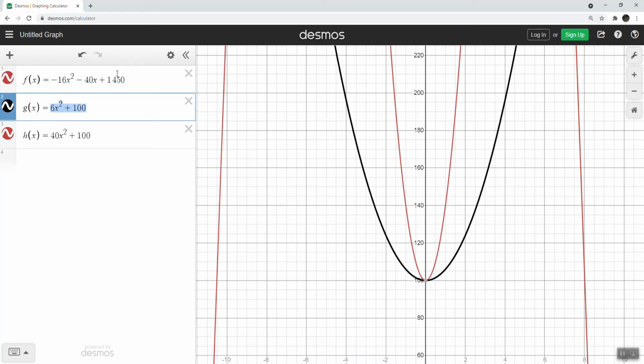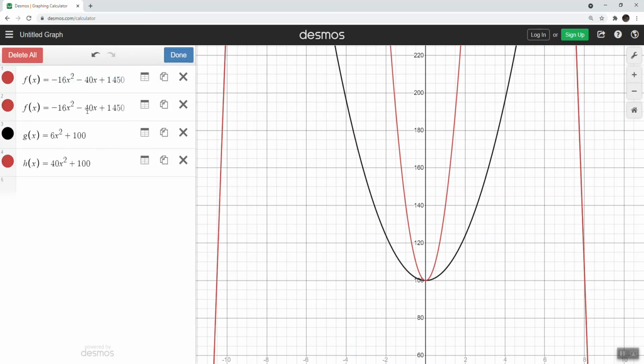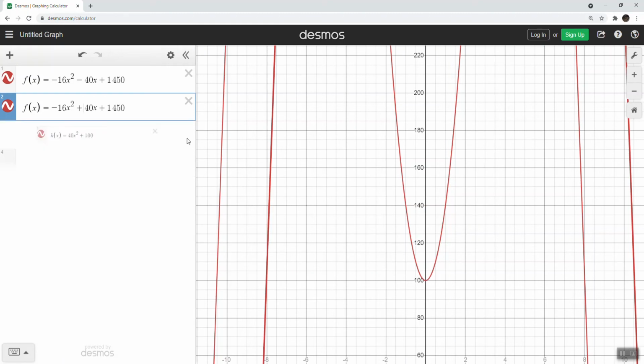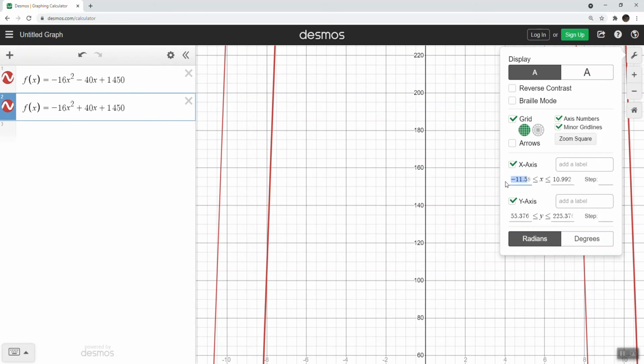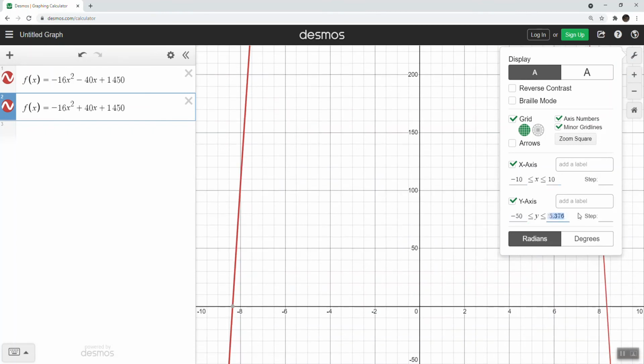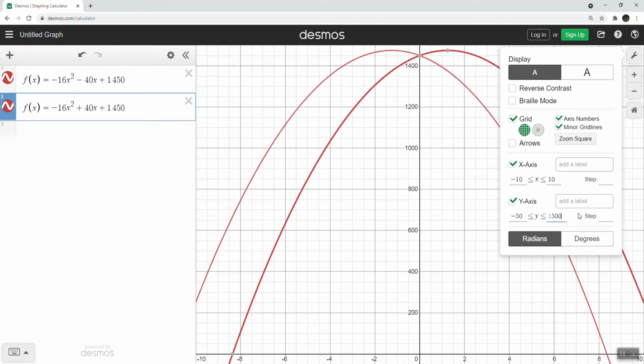Okay, we're just going to duplicate this, and we're going to change that to a plus sign, and then we're ready to go. And if we remember the restrictions on the domain here, it was negative 10 to 10, and here was negative 50 to 1500 for that nice, neat view of the graph.